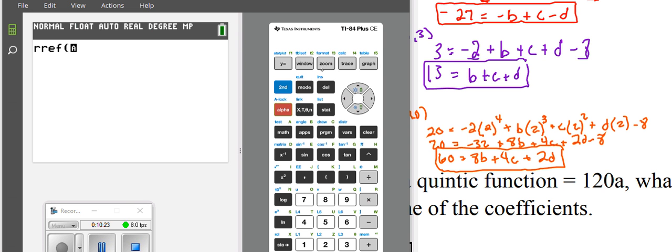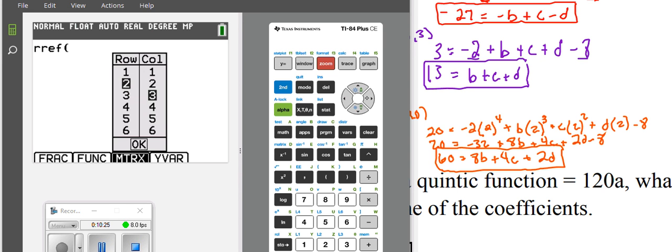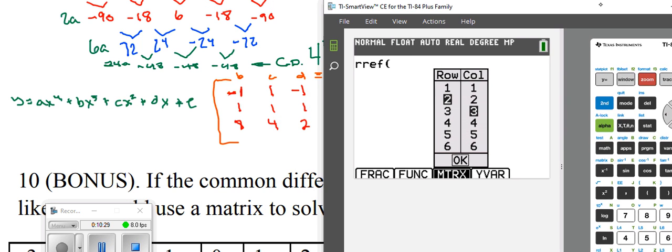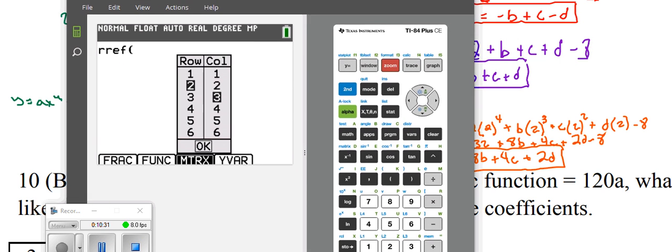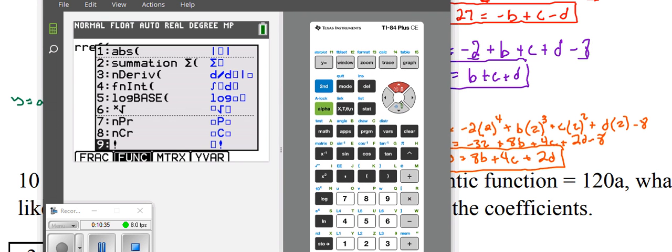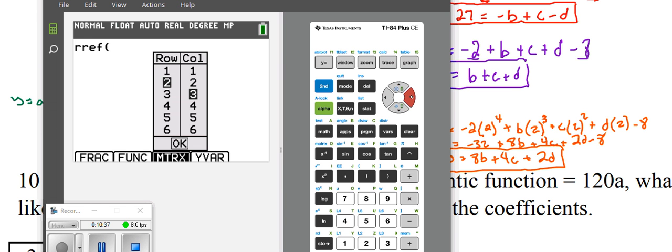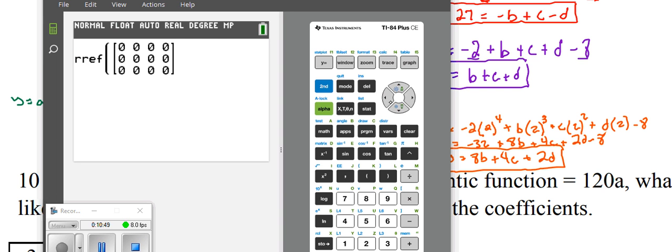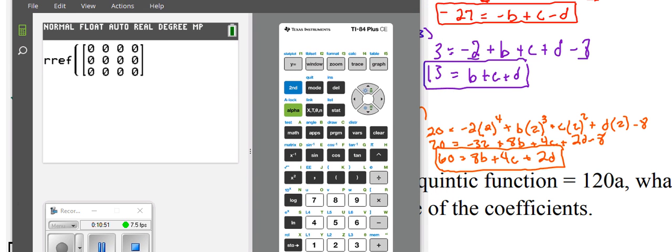Then you hit Alpha and Zoom. We have to select the dimensions of this matrix. So I see 3 rows and 4 columns. If you do the bonus, it's a 4x5. It's exciting. 3x4. And go down and hit Enter. And it puts up a blank matrix for me.